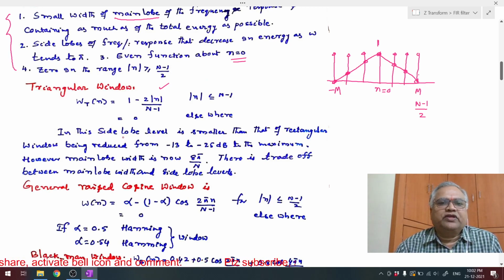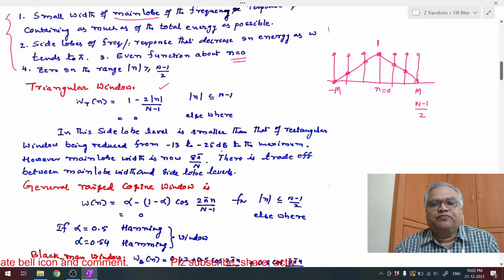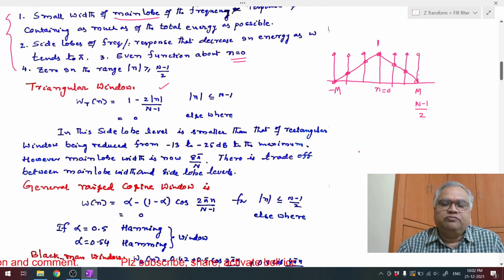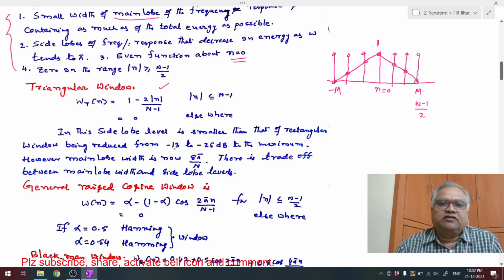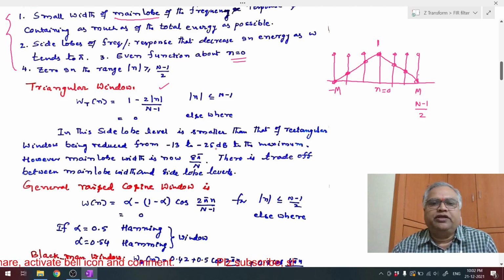In this, the side lobe level is smaller than that of the rectangular window, being reduced from minus 13 dB to minus 25 dB. Side lobe levels decreasing means side lobe amplitude is decreasing.